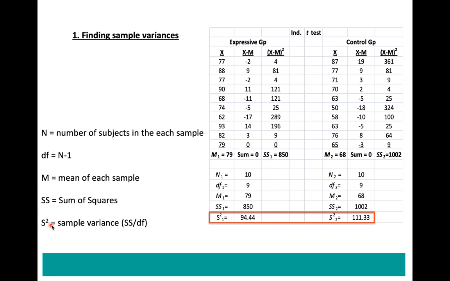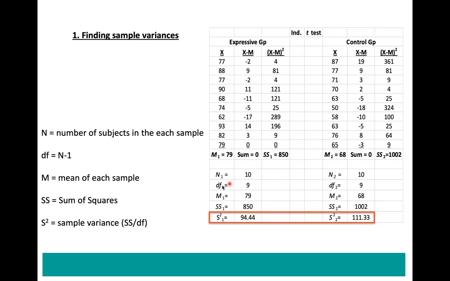Sample variance is the sum of squares divided by degrees of freedom. 850 divided by 9 is 94.44. 1002 divided by 9 is 111.33.